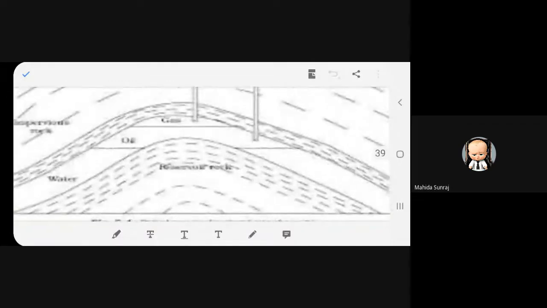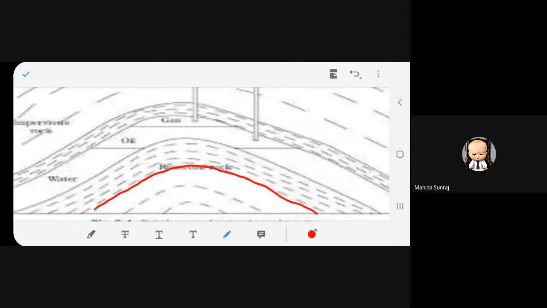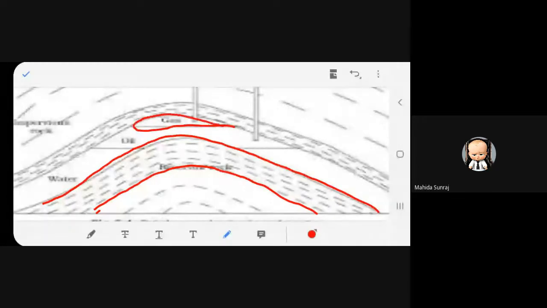Now this is petroleum and gas deposits. This is the reservoir rock, or you can say porous rock. Here you can see gas, and below gas you can see oil.